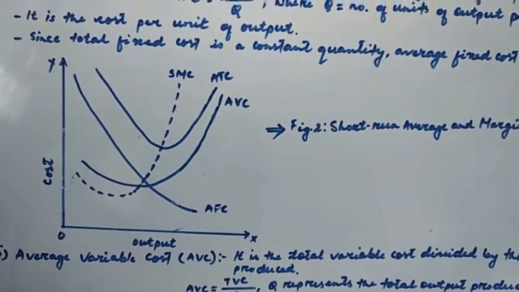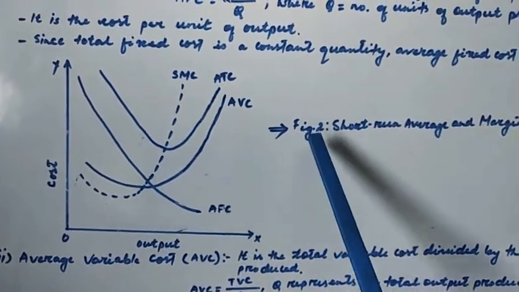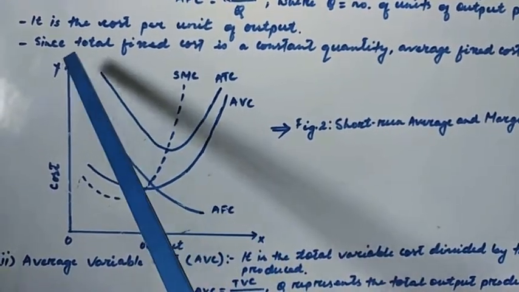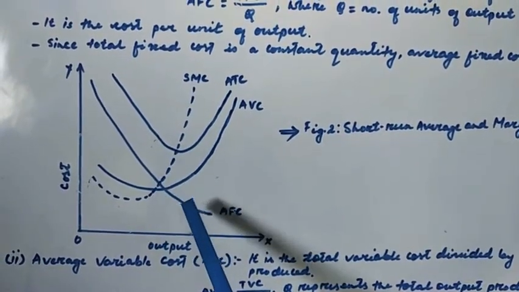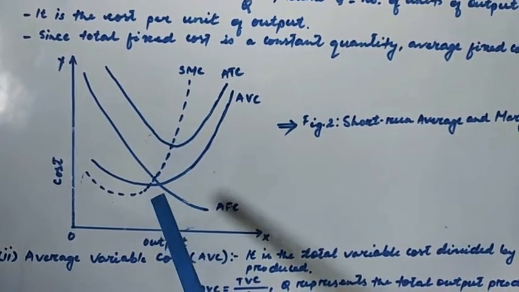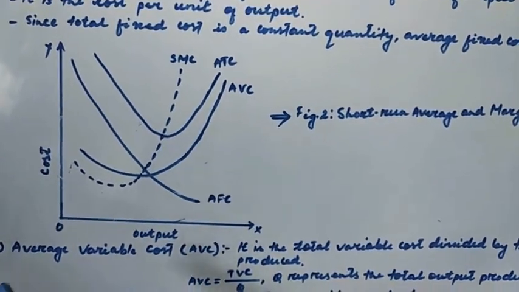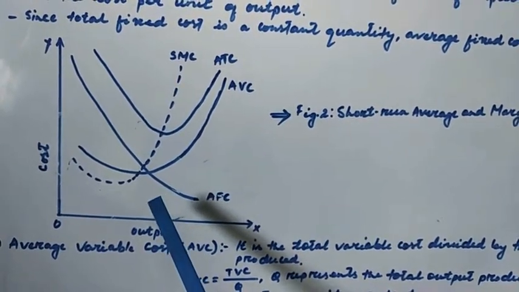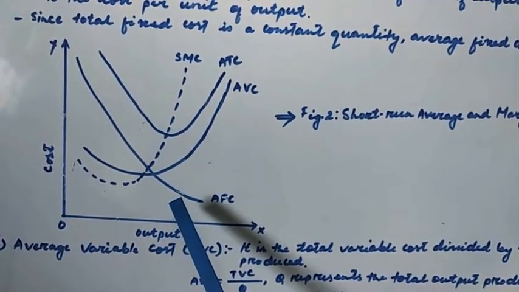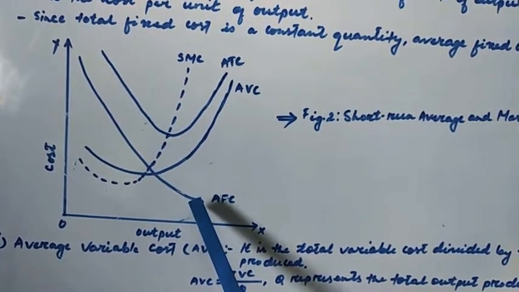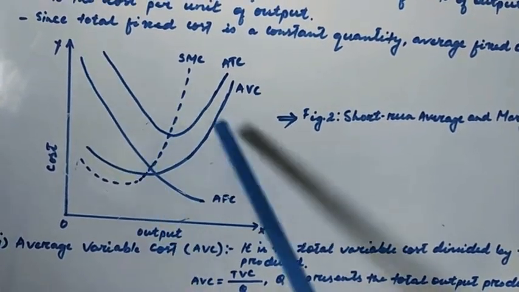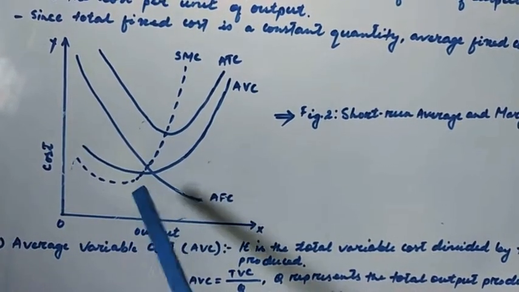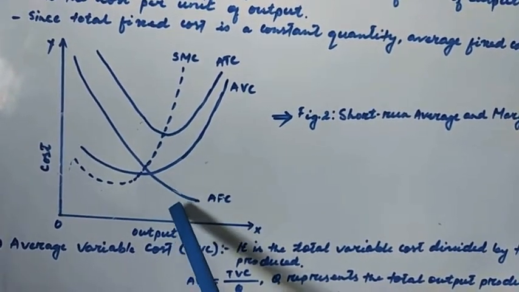And again, let us consider figure number 2. Average fixed cost continuously falls, as you can see from this figure. Mathematically speaking, the average fixed cost curve approaches both axes.